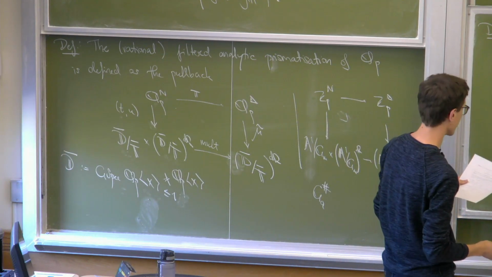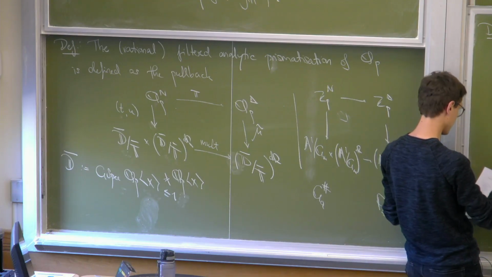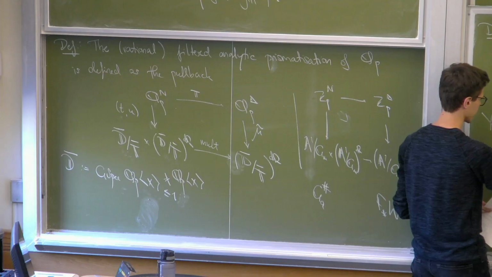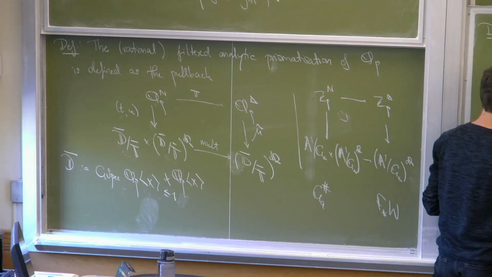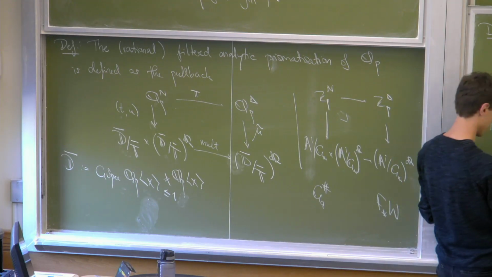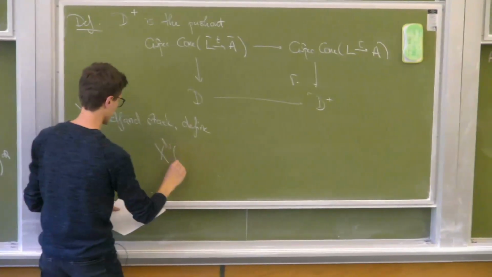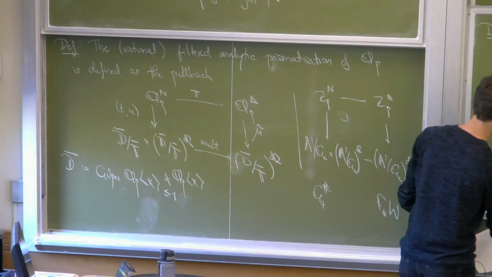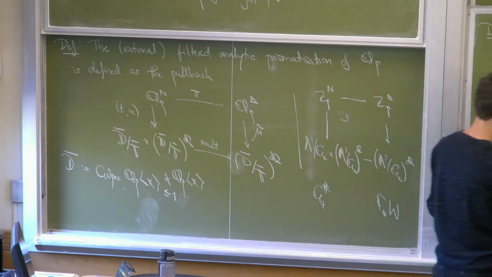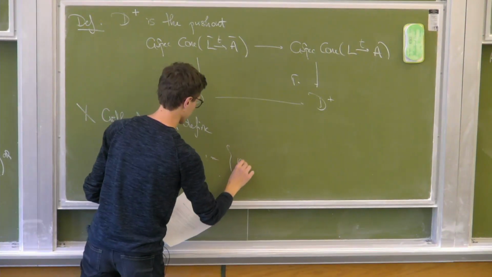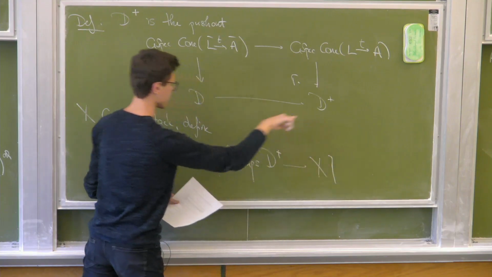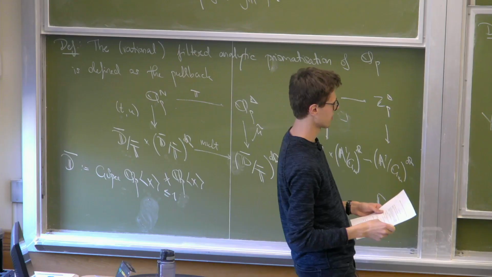Okay. Now the definition should be clear. If I have X a Gelfand stack, I define the filtered analytic prismatization of X, which is a Gelfand stack over QPN, to be the moduli space of maps from this D plus to X. Maybe you want to restrict to Berkovich space.